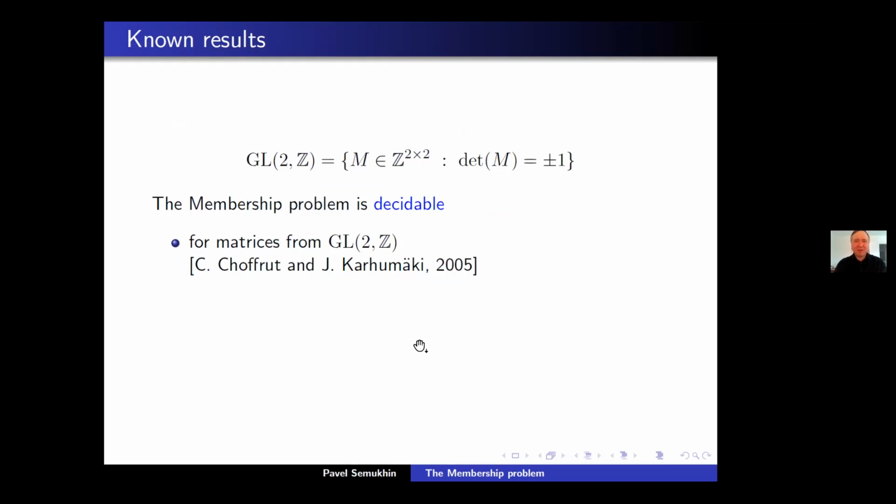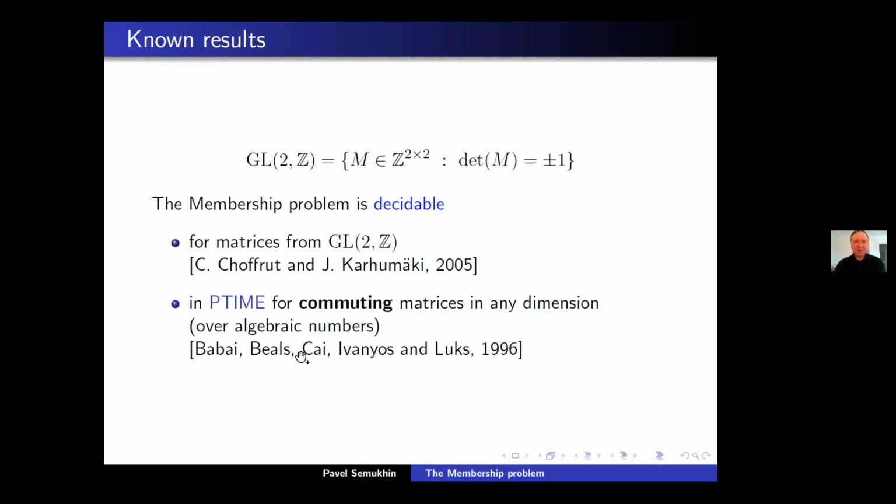For the decidable case, we have the following result, that the membership problem is decidable for matrices from GL2Z, where GL2Z is the group of 2 by 2 integer matrices with determinant plus or minus 1. This is a relatively recent result from 2005. Also, it can be derived from previous results known from the 80s, but they were not stated in this form.